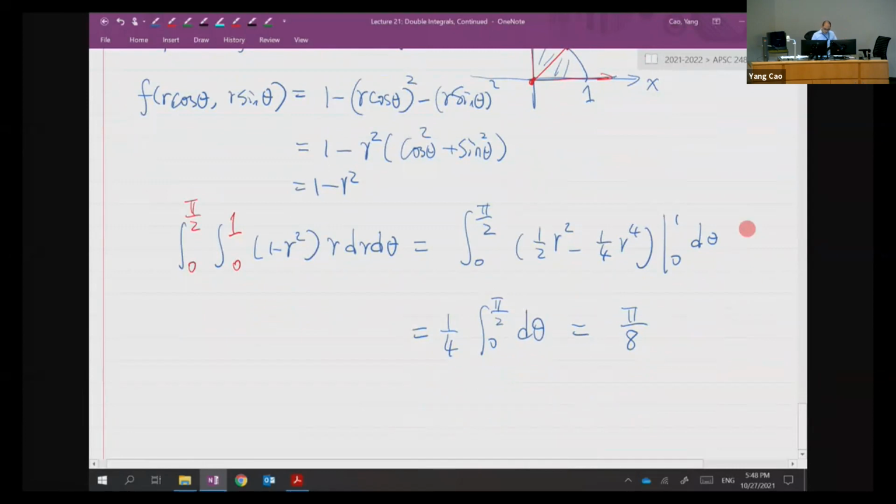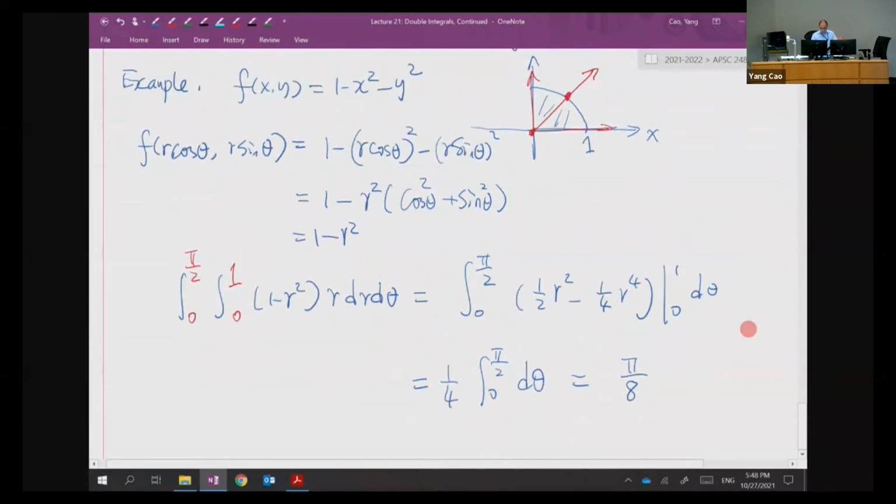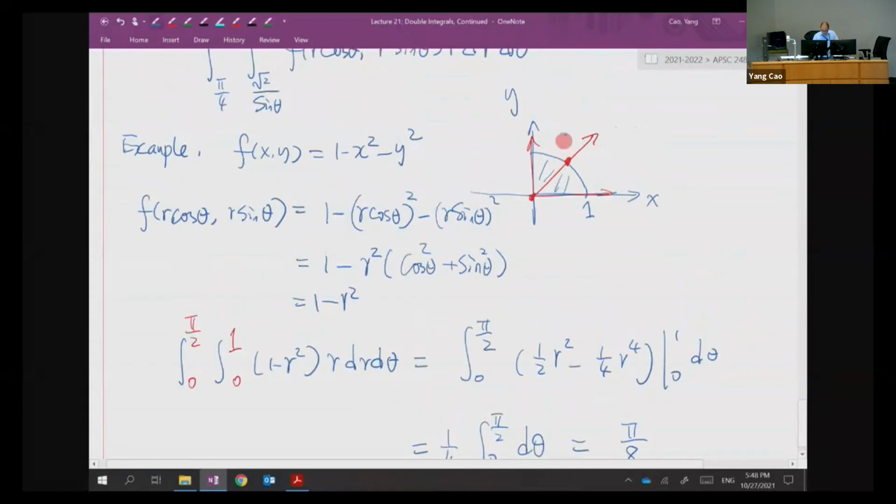So Cartesian coordinates technically is more generic. For any regions, you could use Cartesian coordinates, under all situations. But for polar coordinates, most of the time, it's probably applicable when your region involves circular edges. So like this case, right?